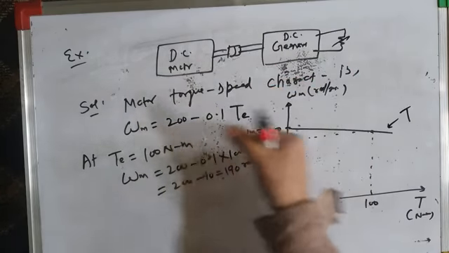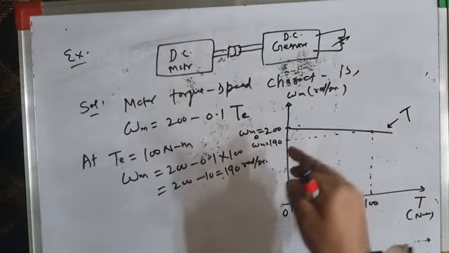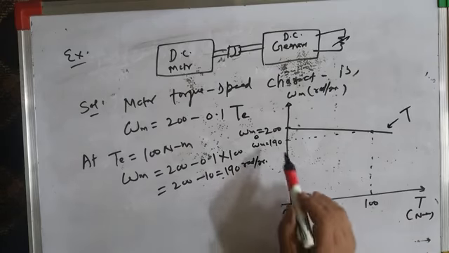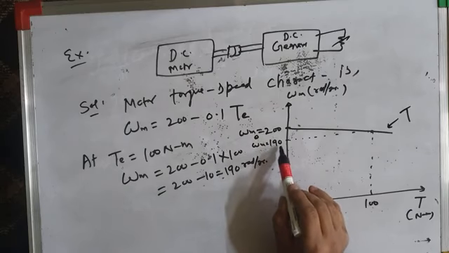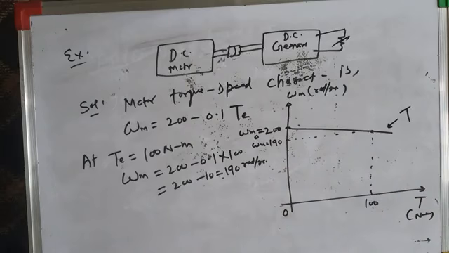That means as you load the generator more and more, the motor develops more and more torque and its speed falls, so that at a torque of 100 Newton meter, the motor speed drops from 200 radians per second to 190 radians per second. So this is the torque speed characteristic of the motor.